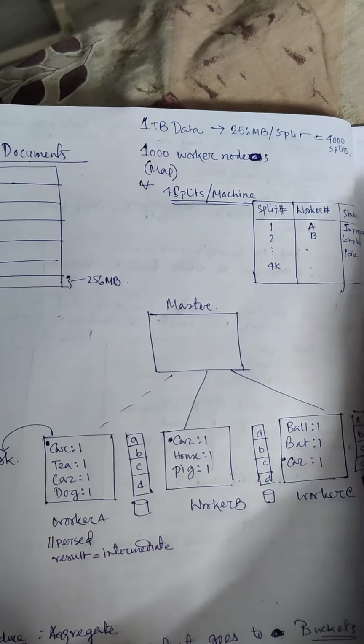And there we have the worker node; if you count the worker nodes, it would be 1k. Every worker node ideally takes responsibility for 4 splits, and there are statuses, like whether they have completed their processing, whether it is in progress, whether it is idle, and so on. That is all the information.